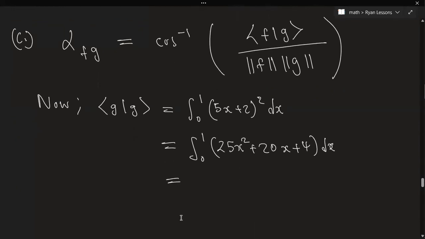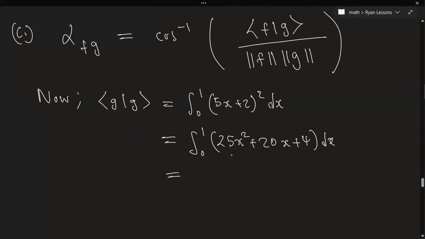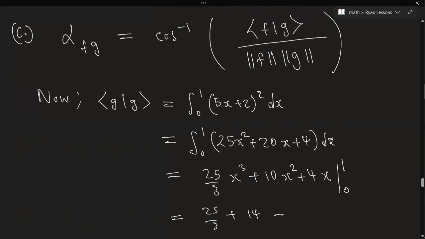So we integrate: we get 25/3 x cubed, then 10x squared, plus 4x, all from 0 to 1. 0 vanishes everything, so we have 25/3 plus 14.